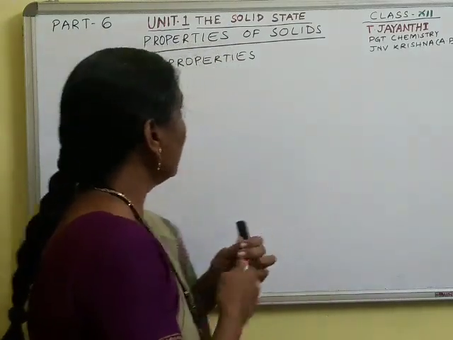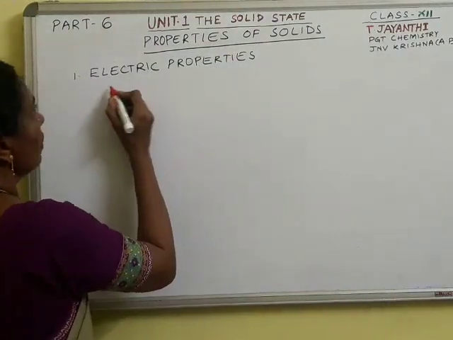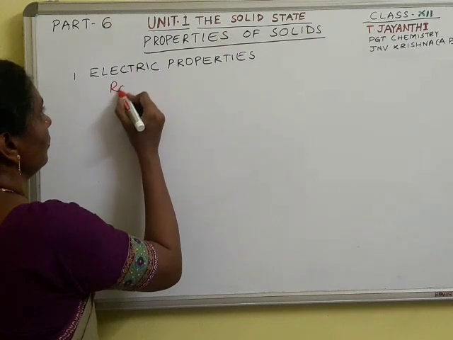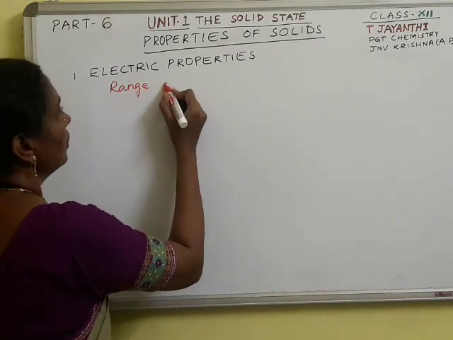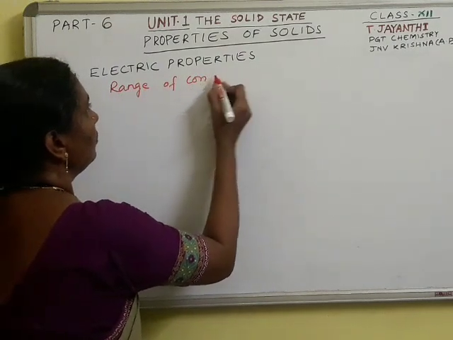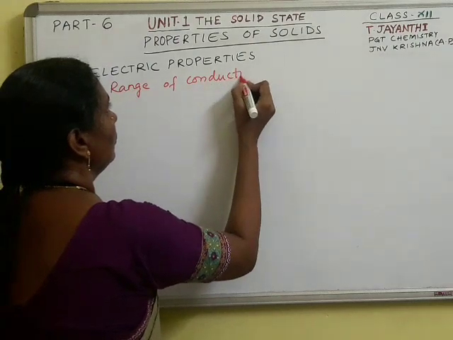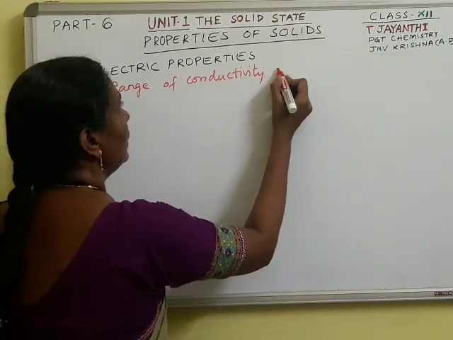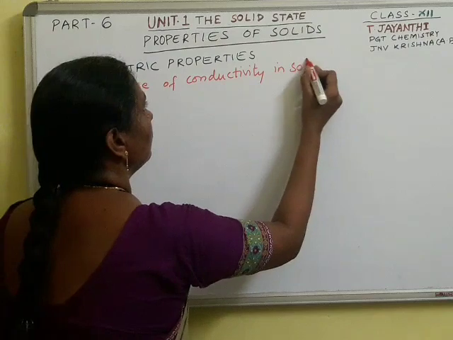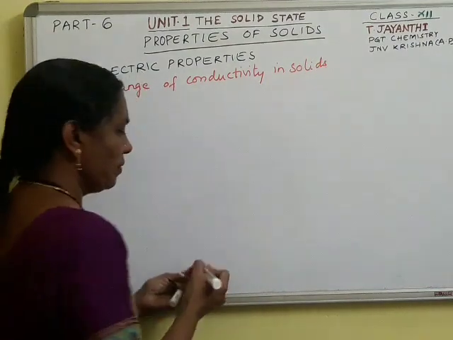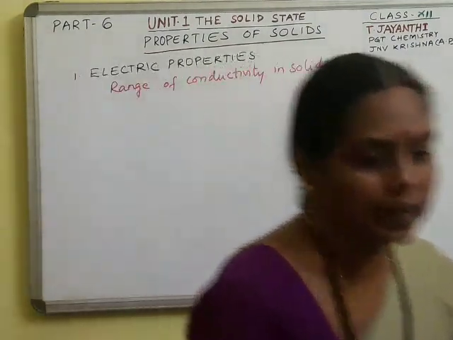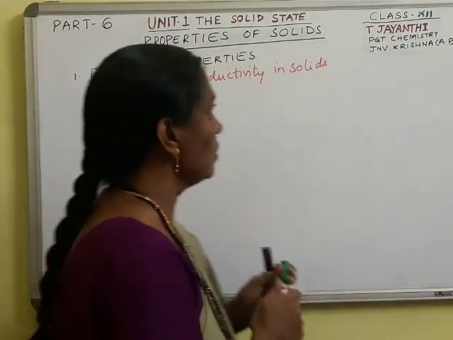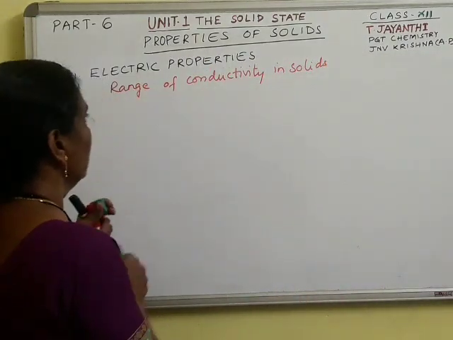The range of conductivity in solids is from 10 to the power of minus 4 ohm inverse meter inverse to 10 to the power of 7.